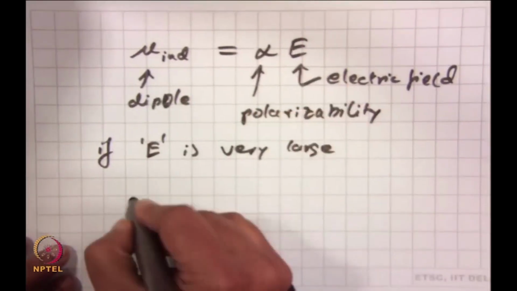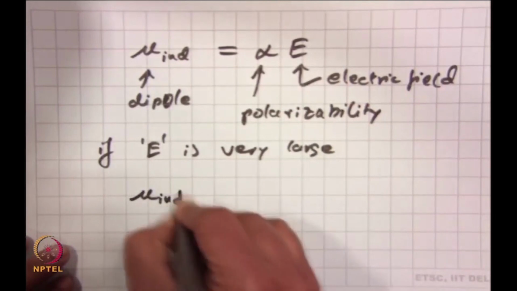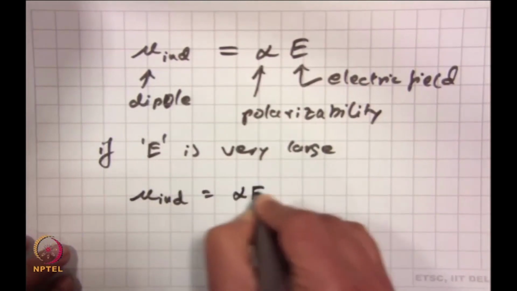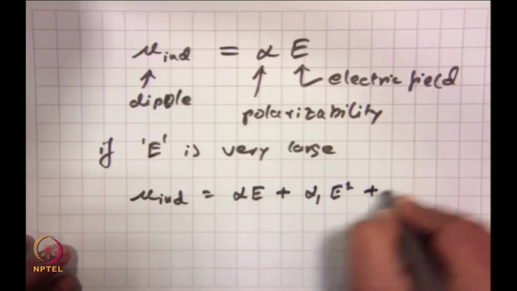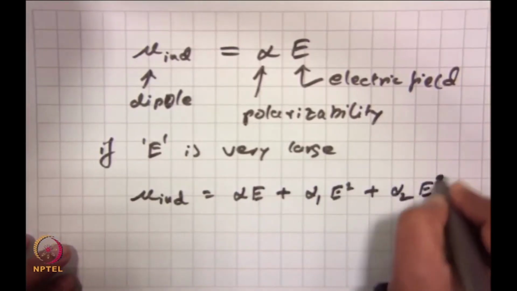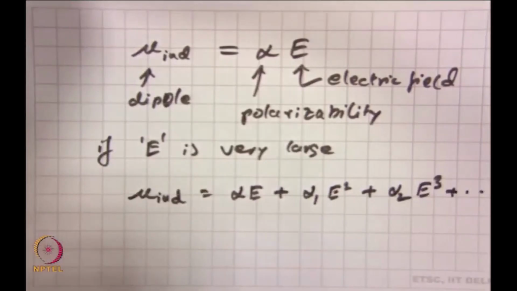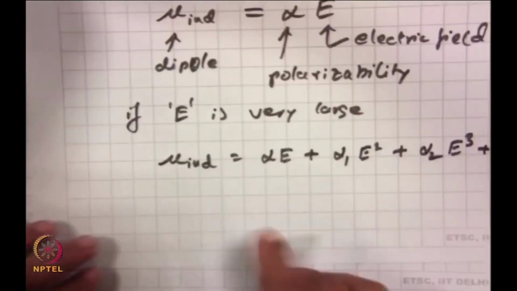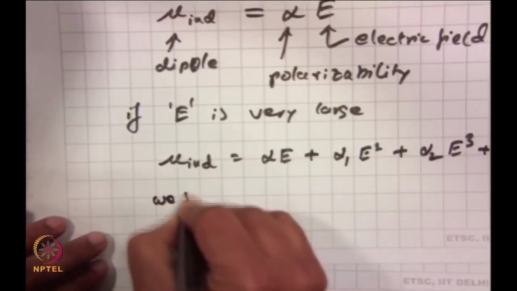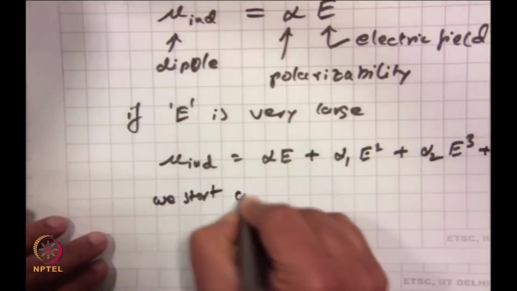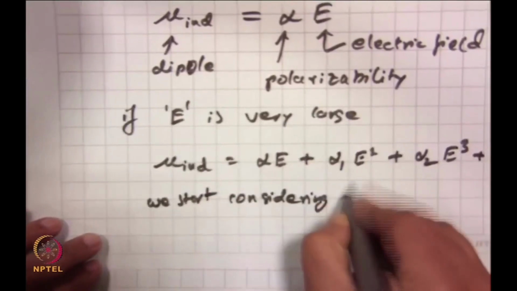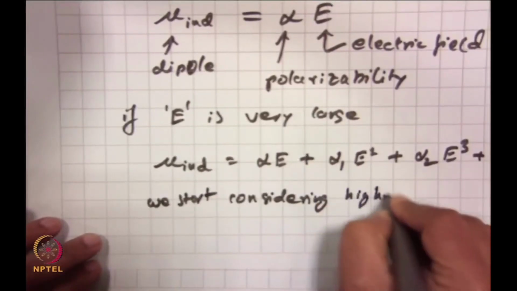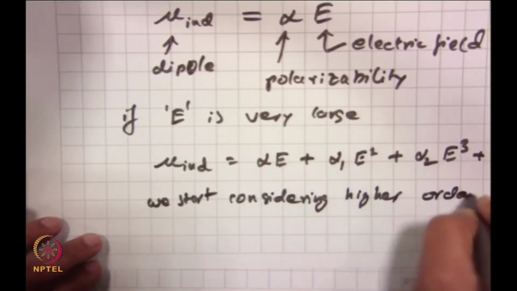So, what I can rather do is then mu induced becomes alpha E plus alpha 1 E squared plus alpha 2 E cubed and so on. That means, if the electric field is very large, we start considering higher order terms.